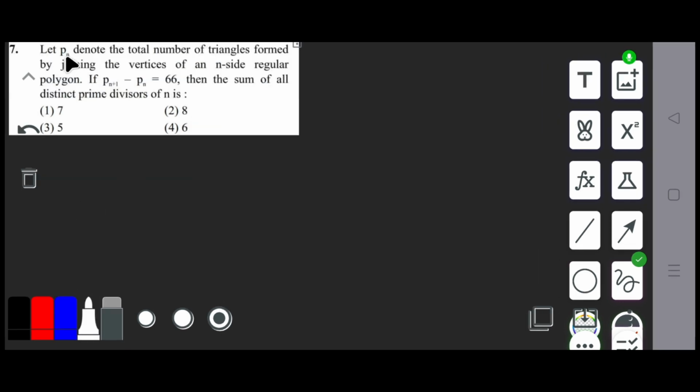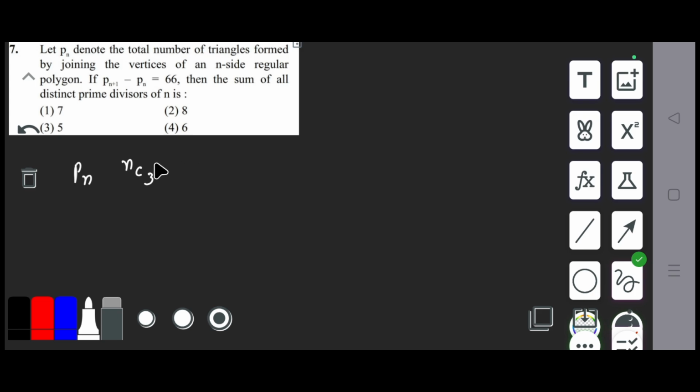In this problem, Pn denotes the total number of triangles formed by joining vertices of an n-sided regular polygon. So Pn plus 1 minus Pn is equal to 66. Then find the sum of the distinct prime divisors of n. Look here, Pn is the number of triangles formed by regular polygon. It is NC3, you have to select three points, it makes a triangle.